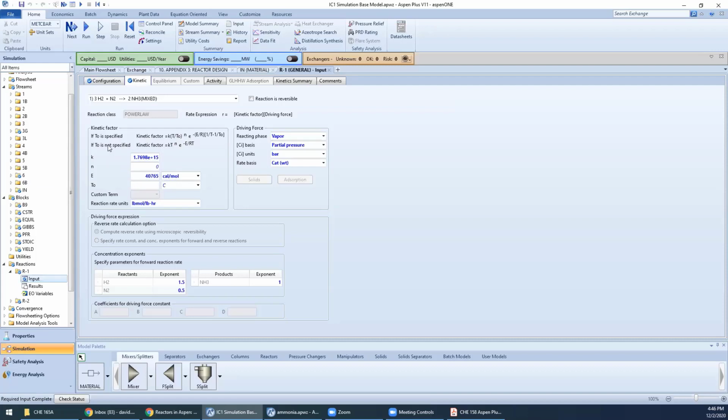Now, if T naught is not specified, so it doesn't have to compare one temperature to another, then it'll use this bottom one, which is basically the Arrhenius expression. So this K here is not the K that you've probably seen in 158. According to the Arrhenius expression, this would actually be A, capital A. So your driving force, for this, again, we have nitrogen and hydrogen, so we have vapor phase.